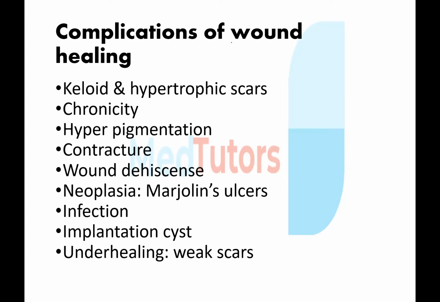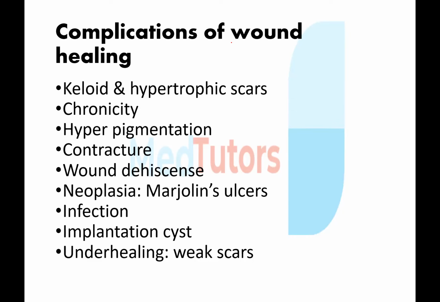Now, contractures. A patient might have contracture, especially when it involves a flexural area. When there is contracture, there will be limitation of function of the limb that is involved.